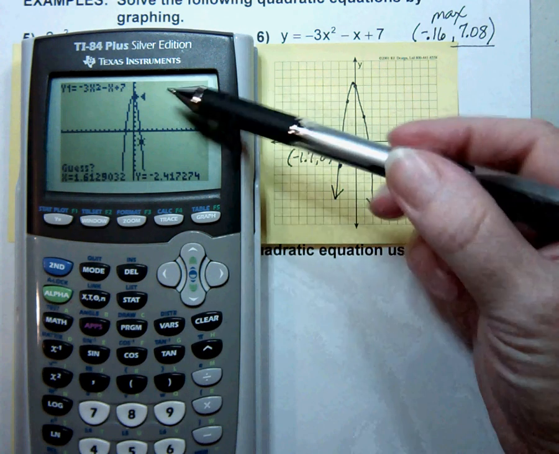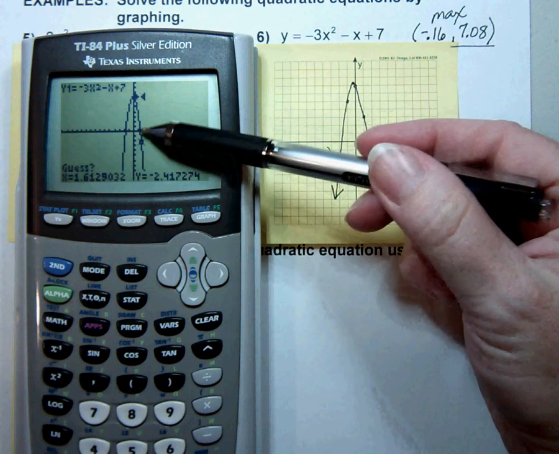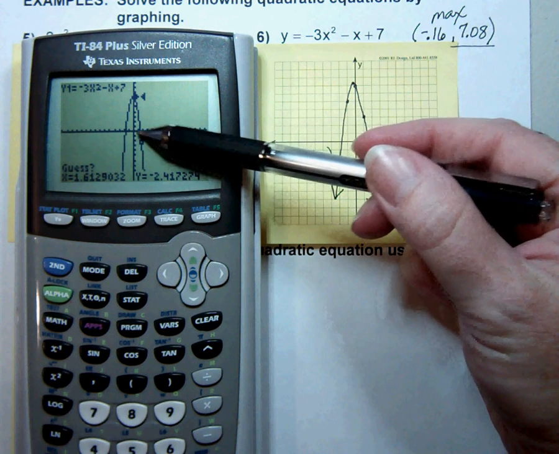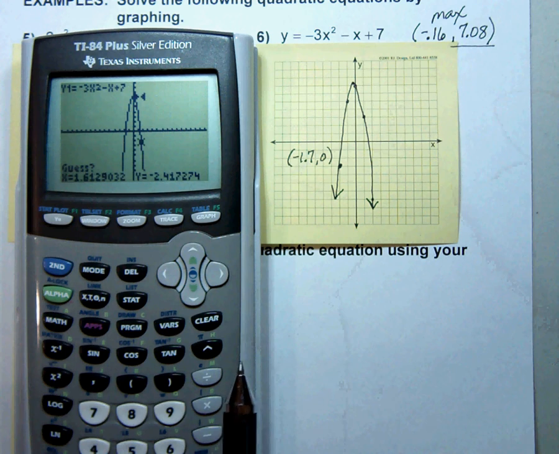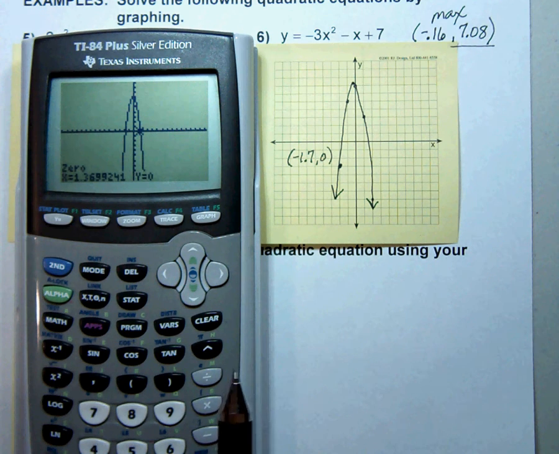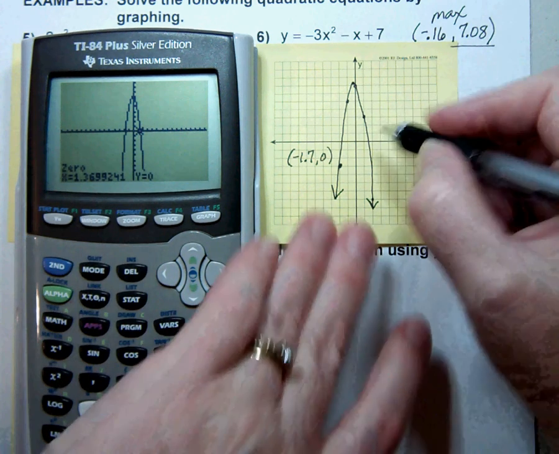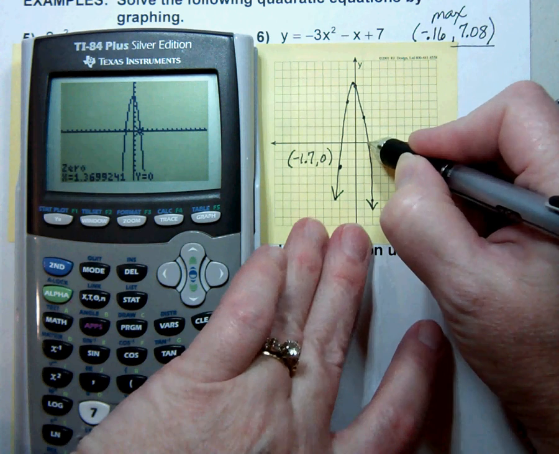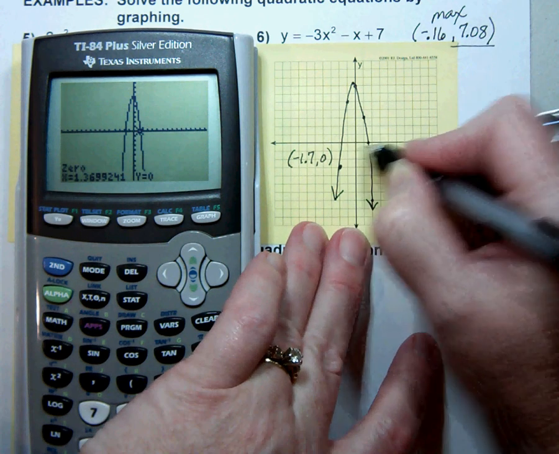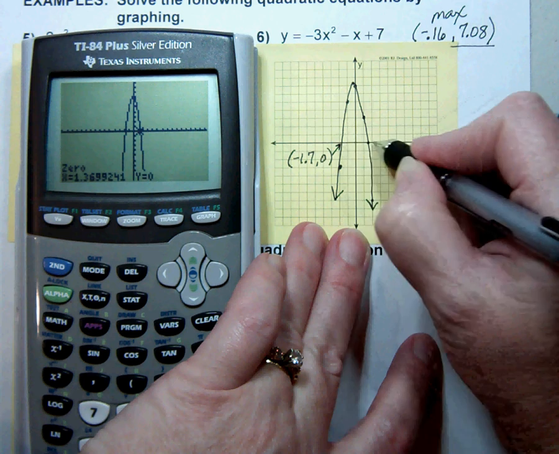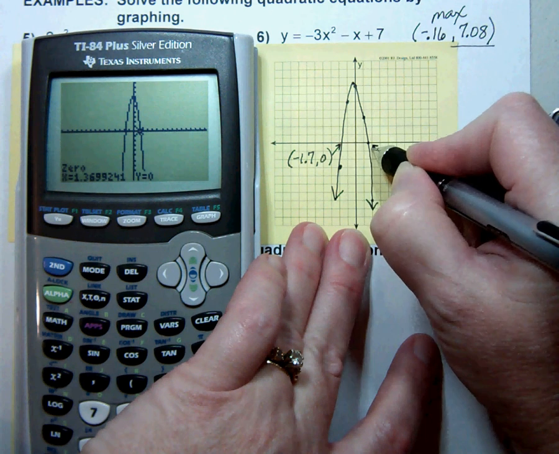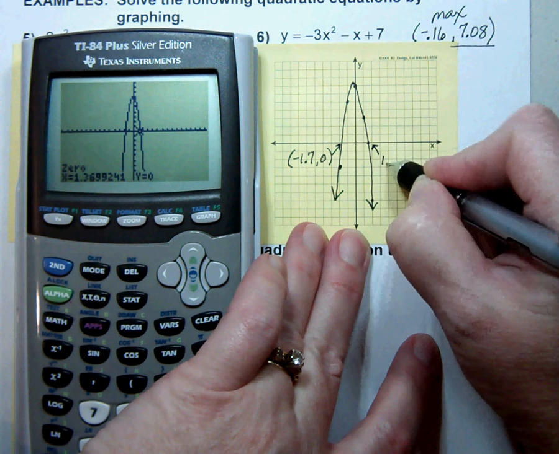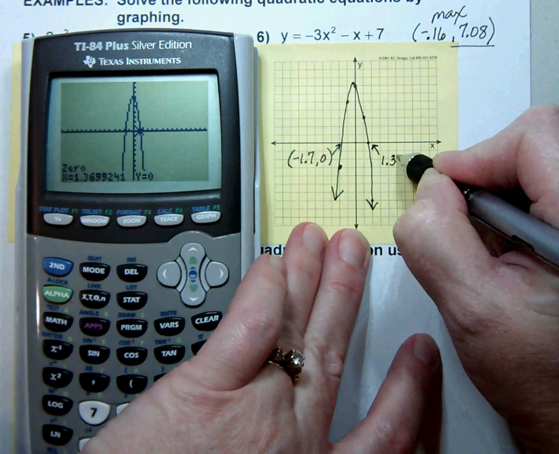And see the two arrows at the top? Now they're on the left and right side of that intercept right there. Push enter to skip through the guess, and then see how it tells you the point. Right here, this intersection point, this solution is my second solution, and it's at 1 point, we'll just round that to 370.